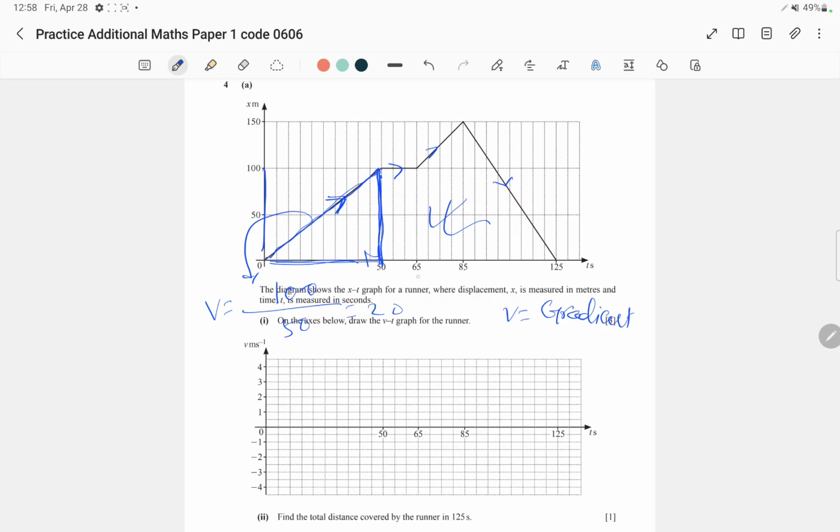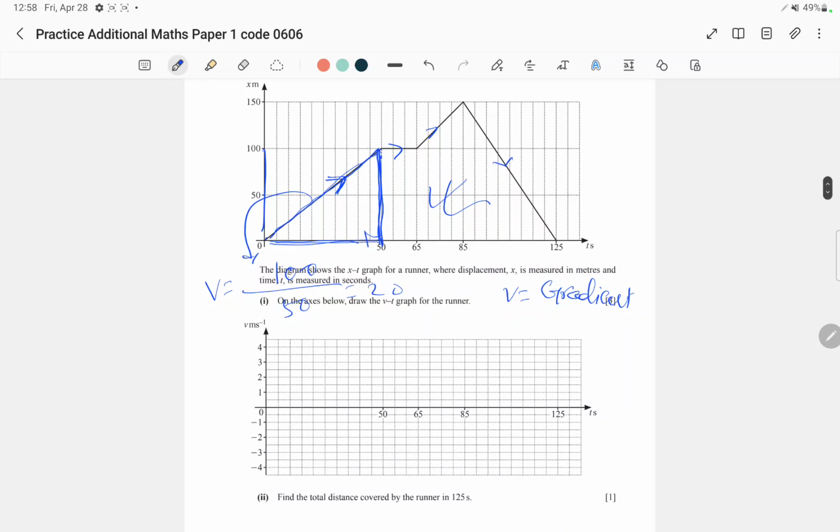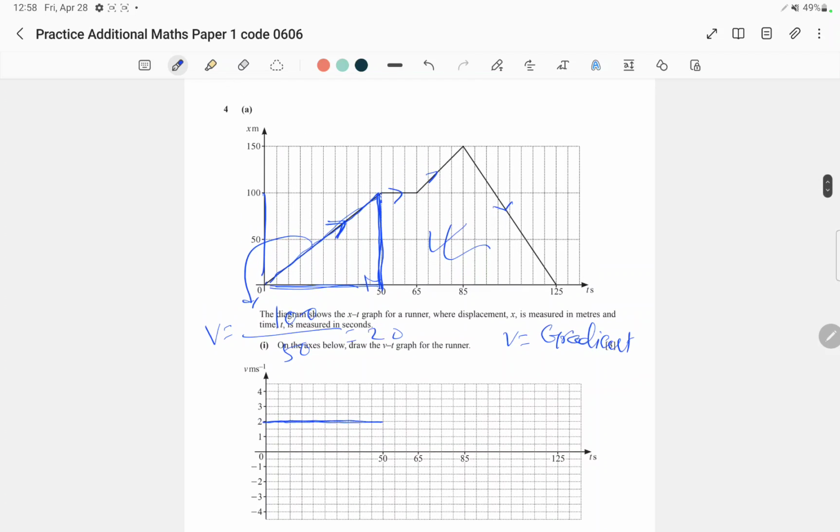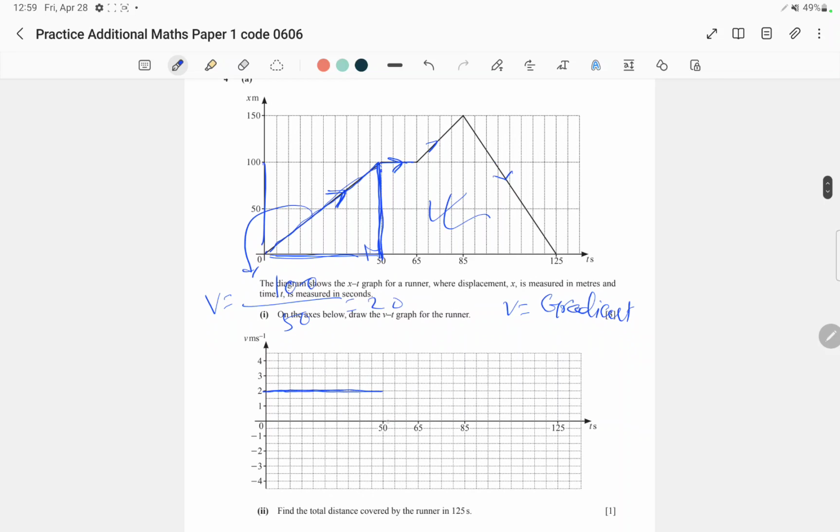So 100 over 50, that's 2. So between 0 to 50, our velocity is 2. So velocity is 2 from here to here, right? Now from 50 to 65, this is a straight line, so gradient should be 0. So from 50 to 65, our velocity is 0.